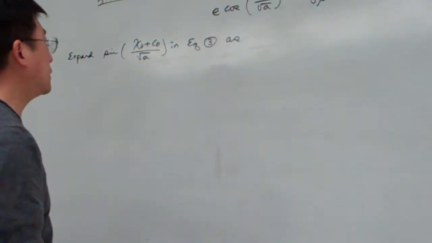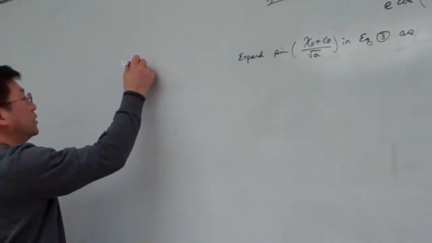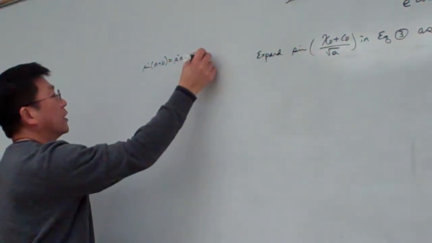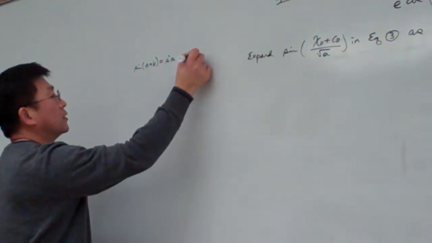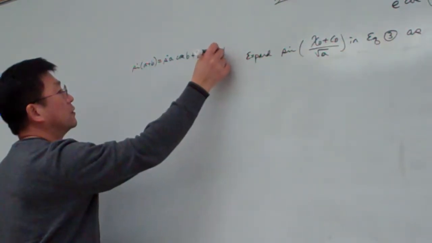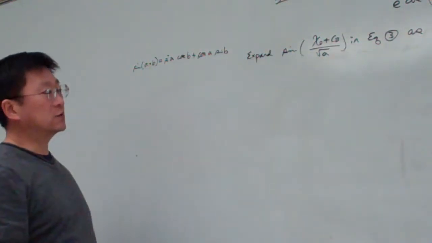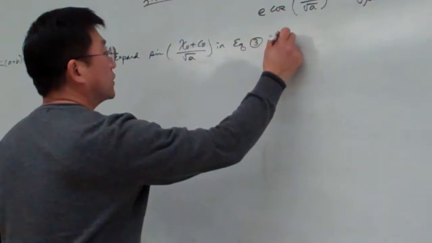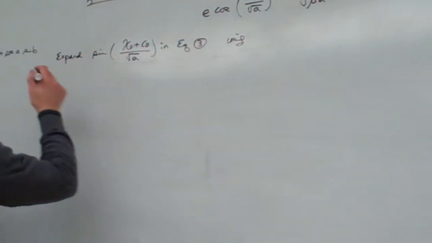So this one, we know sine A plus B equal to sine A cosine B plus cosine A sine B. Okay, we know that kind of extension. So basically we can expand this one using these equations.